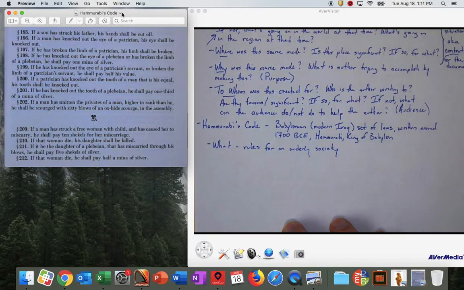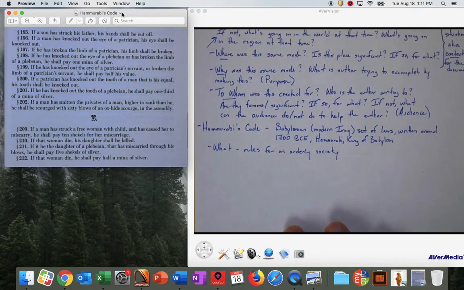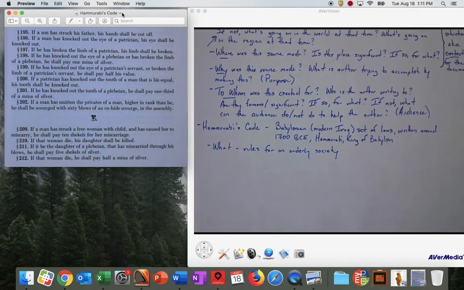Orderly societies need rules, and these are the rules for this society. If we read a little closer, you might notice that there are some different laws for different types of people.